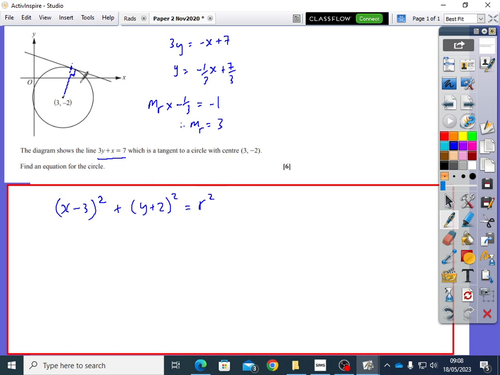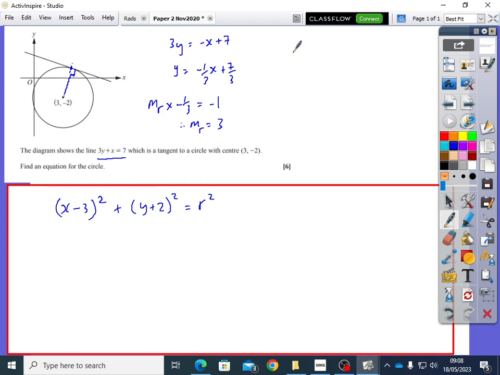At this moment in time, I don't know what the length of that radius is. I know that it's got a gradient of 3, and it goes through the center point (3, -2). So let's find the equation of this line which goes through the radius.